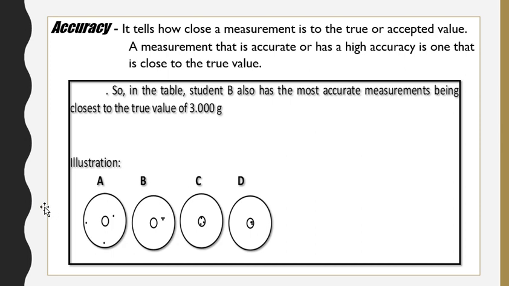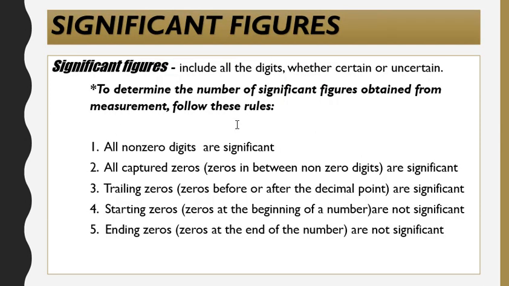So how do we identify which digits are significant from the different measurements or uncertainty? We now have what we call significant figures. Significant figures include all the digits, whether certain or uncertain.